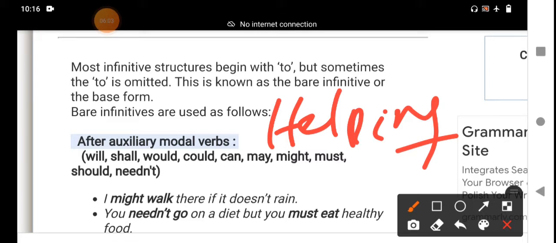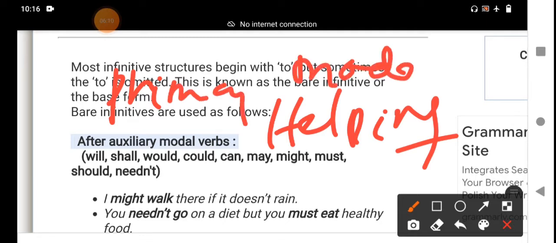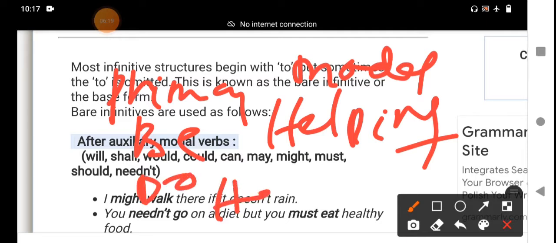There are mainly two categories: primary auxiliaries and modal auxiliaries. Primary auxiliaries consist of be forms, do forms, have forms. And the modal auxiliaries are shall, should, will, would, can, could, may, might, must, ought, need, dare, used to.